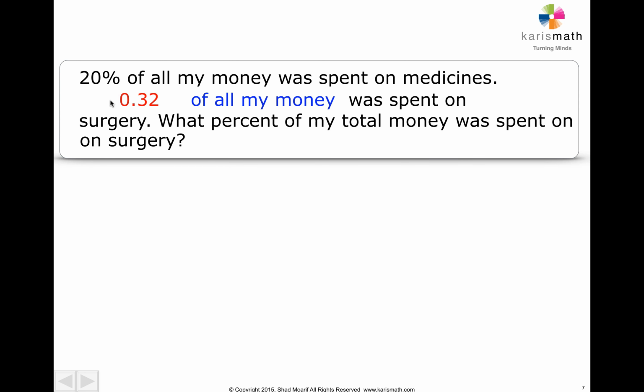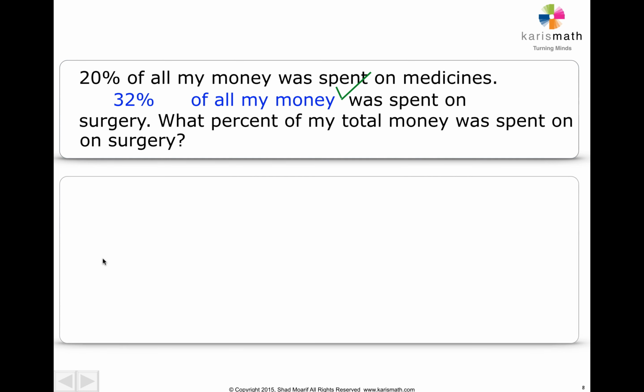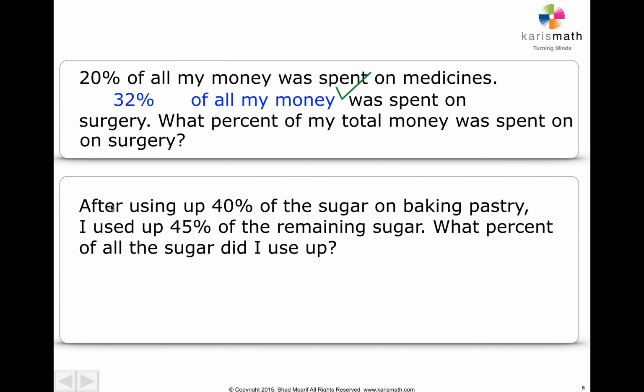Multiply the two, and you'll get 0.32 of all my money. If you change that to percentages, multiplied by 100%, and you get 32% straight away. And that was your answer last time. So you can get it mathematically if you just use simple mathematical reasoning using pure numbers, which is what we're really trying to get to.